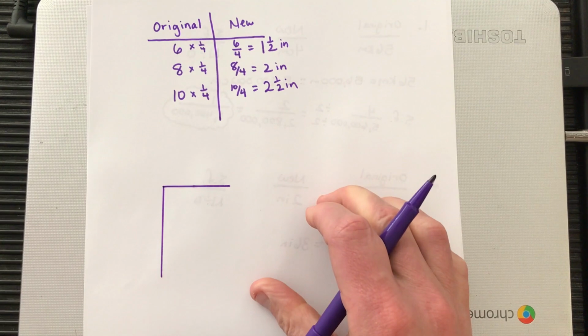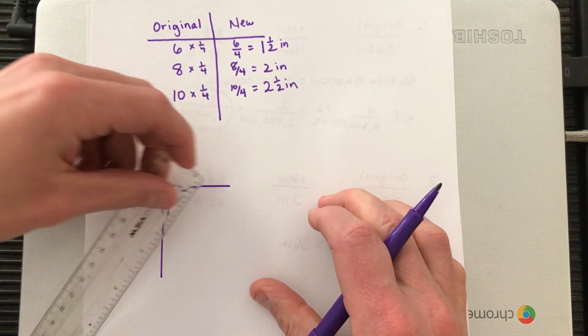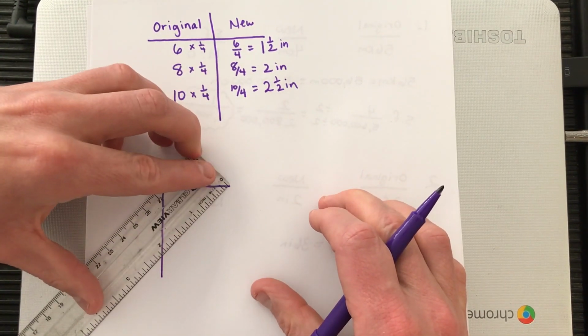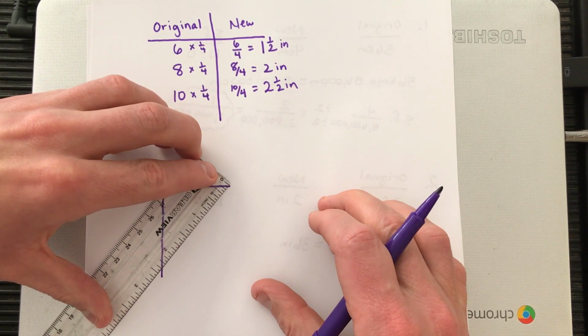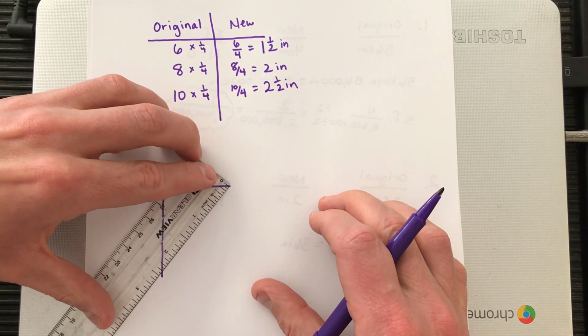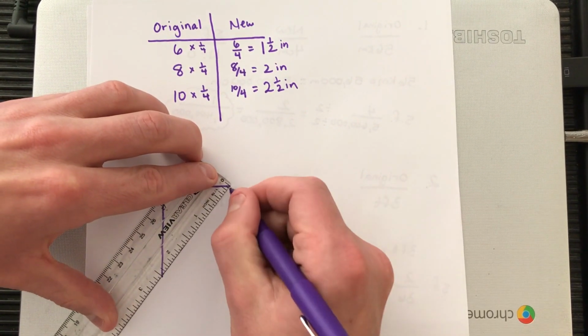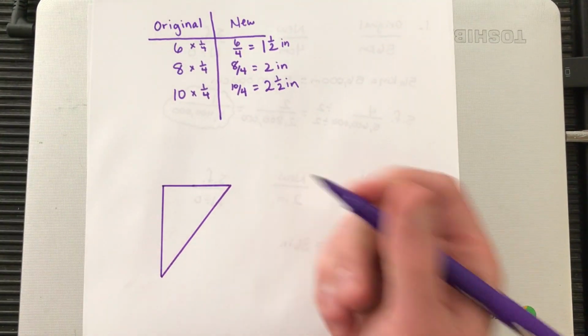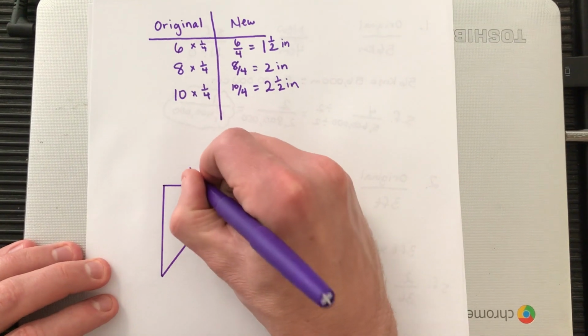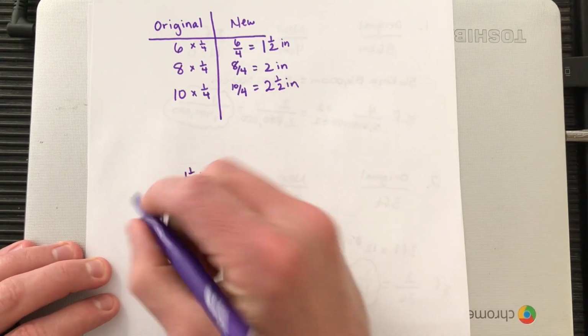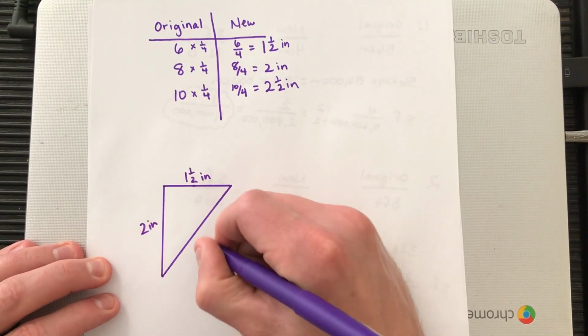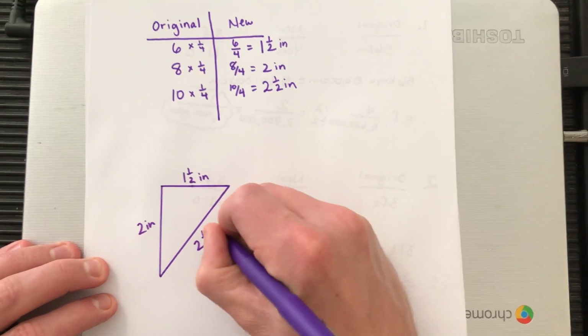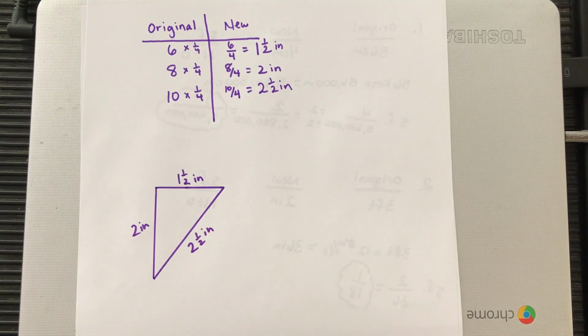And then because I trust the Pythagorean theorem, I know that this, from this point to this point, should be 2.5. And it is. So there's my 1/4 scale drawing of her sail. Okay, there's problem set 17.